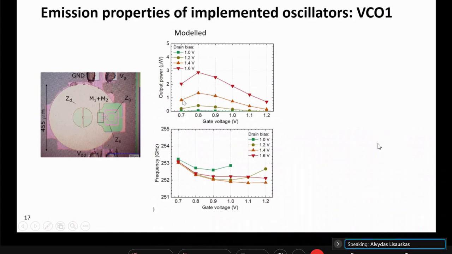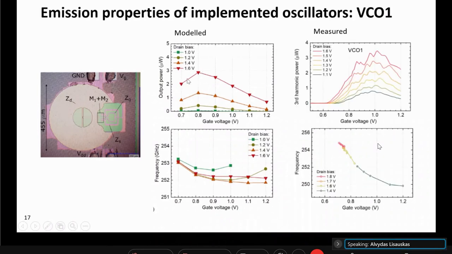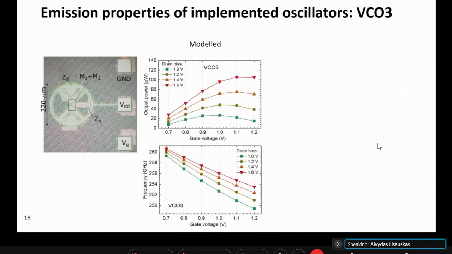In the end, it resulted in a power of about 3 microwatts. Approximately the same power has been measured, and pretty similar frequency performance has been measured. So at this time, the RF model was used, no question about the digital one, and we just trust high frequency models.